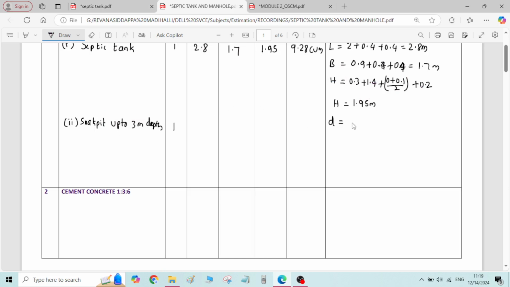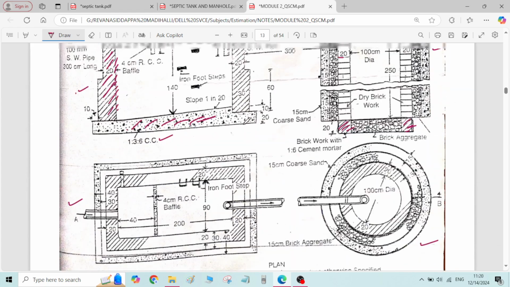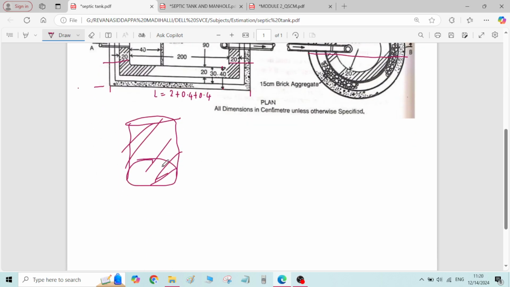You will get the answer as 2 meter. Now you got the diameter of the excavation.